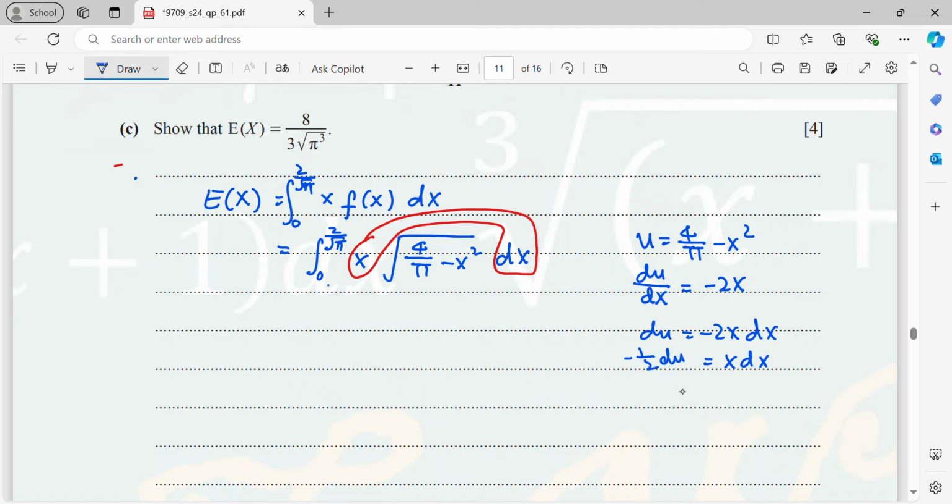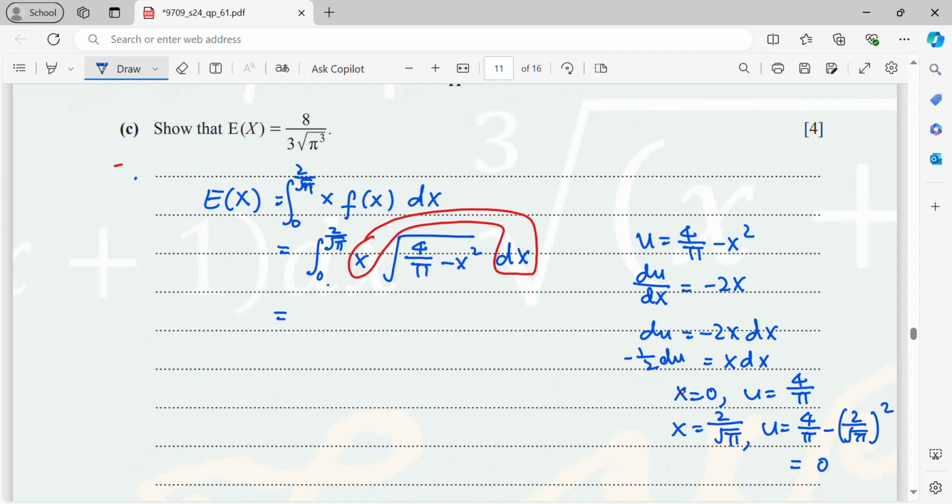And I need to calculate my u values. So when x equals 0, my u is 4 over pi. When my x equals 2 over square root pi, then my u equals 4 over pi minus the square of 2 over square root pi. That means this is going to be 0.